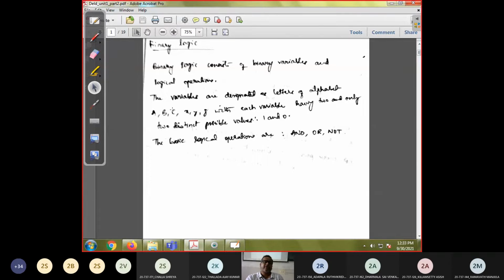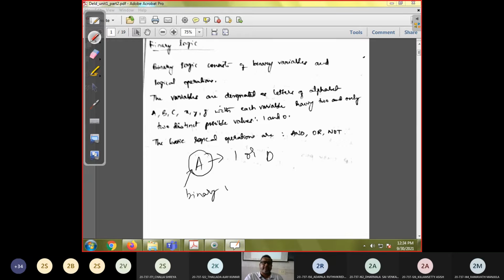So A can be either 1 or 0, and in that case I can consider A as a binary variable. Similarly, if I represent a binary variable as X, this X can take only two values, either 0 or 1. Therefore, I can consider X as a binary variable. Whenever you are talking about the operations involved on these, we call that logic binary logic.